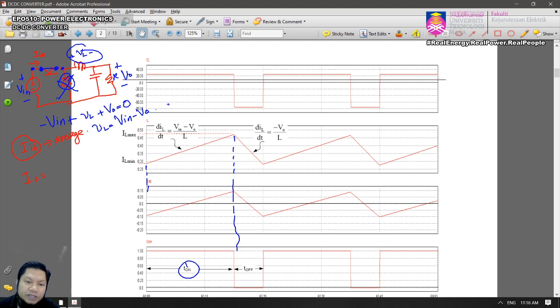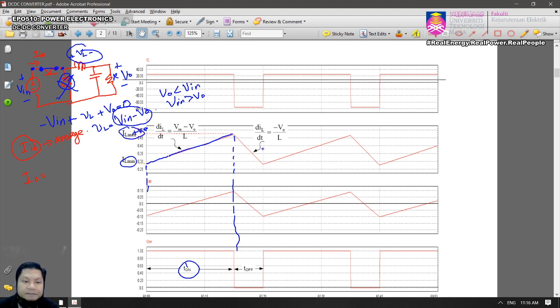And we know that V out is lower than V in. V in greater than V out. So here we have a positive voltage across your inductor, isn't it? This positive voltage across the inductor will cause the current to linearly rise from IL min to the IL max, the maximum inductor current.